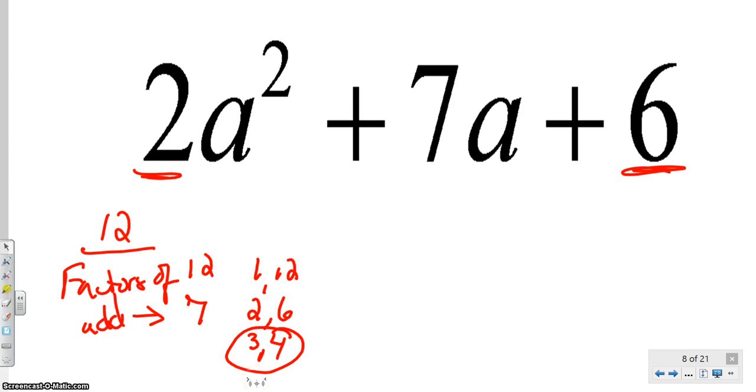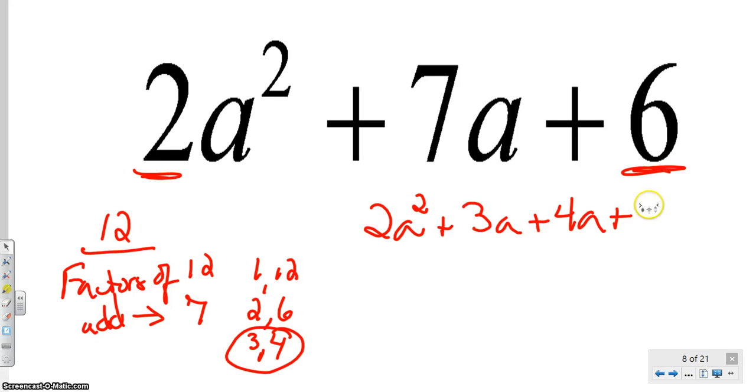All right. So now we're going to rewrite this as 2a squared plus 3a plus 4a plus 6. Okay, so now we group. Here we're going to factor out an a.